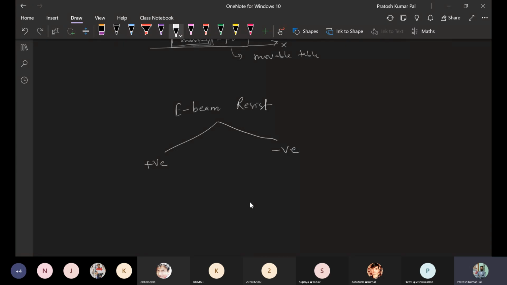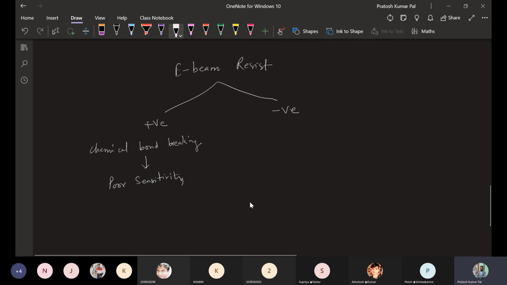Okay. So in case of positive resist, chemical bond breaking takes place. Okay. And this type of resist basically provides poor sensitivity. The sensitivity of this resist is considered to be poor.